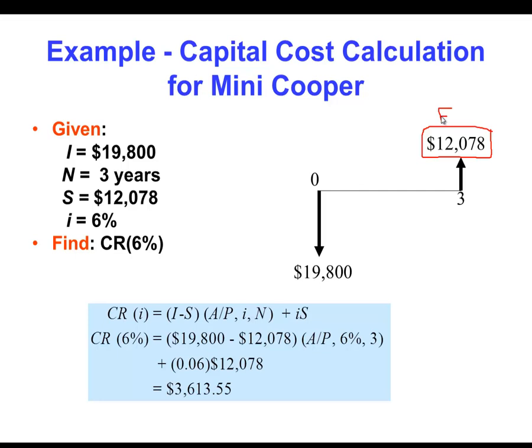This is considered the future value, which in our case is S, and I can bring that to point 0. While at point 0, the initial value is $19,800. Using the formula that we just derived, we will find that the capital cost will equal $3,613.55.